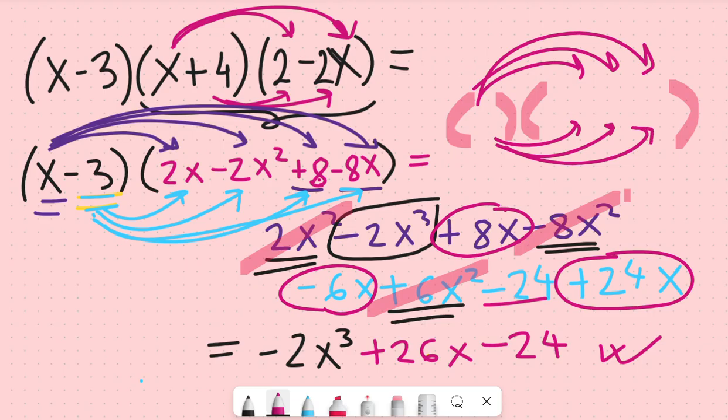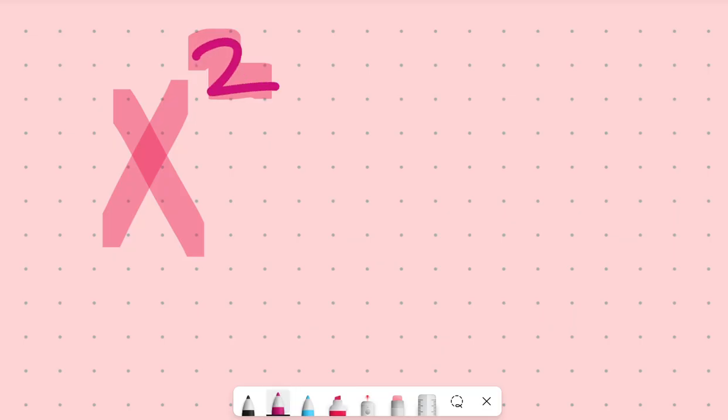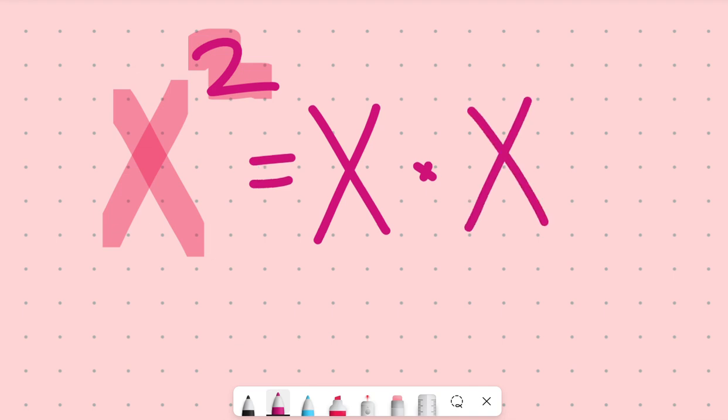I know it's almost 20 minutes, but the last example for today is, let's say 3x plus 1, but then to the power of 2. When it's to the power of 2, then we apply the logic that we already know. Let me ask you, if we say, for example, x to the power of 2, what does that mean? Isn't that x, and then we multiply that by x again?